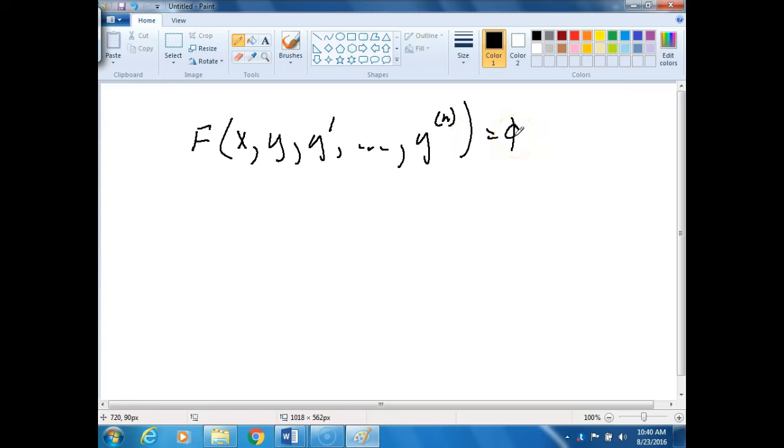That would be an ordinary differential equation because all of these are ordinary derivatives.